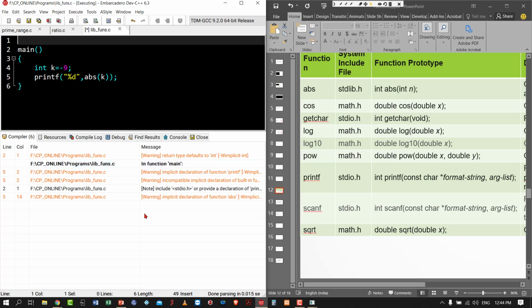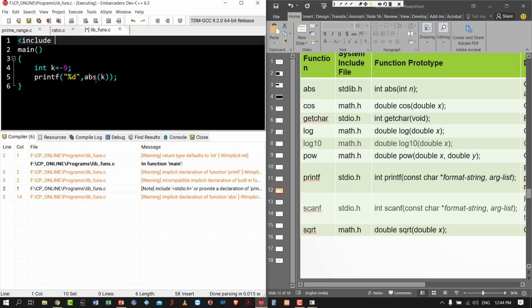Now just remember these red lines: 1, 2, 3, 4. Four red lines, or four warnings, are there. The warning is because it actually searched the library file for the function abs. So it is actually not a good practice. So better we include it.